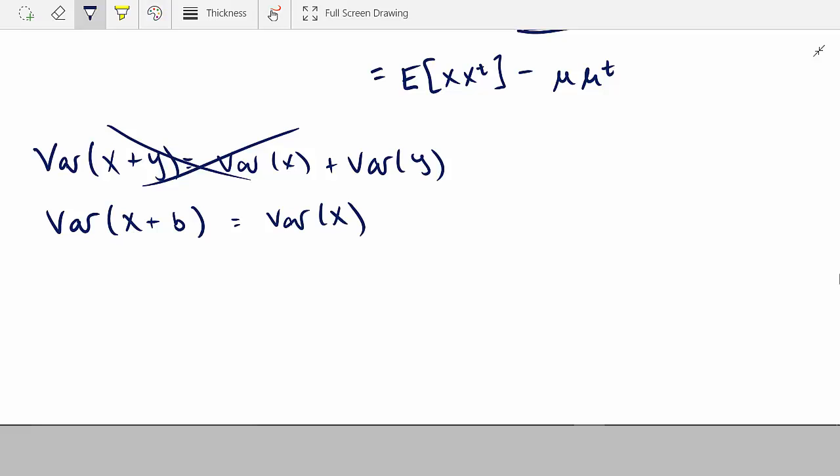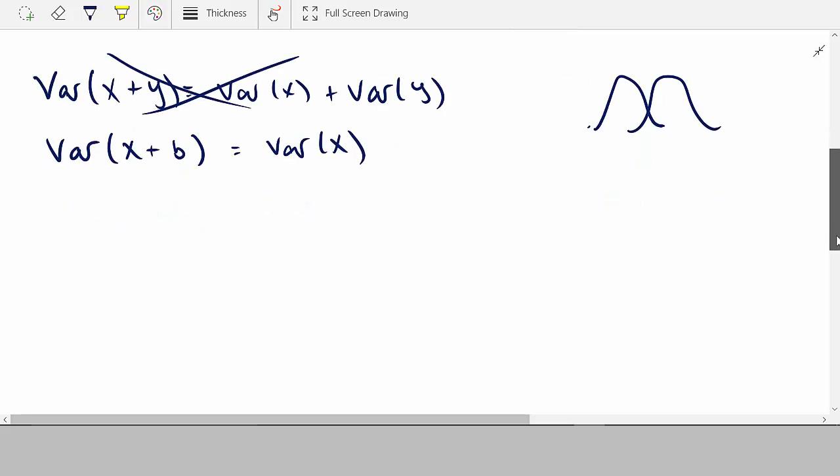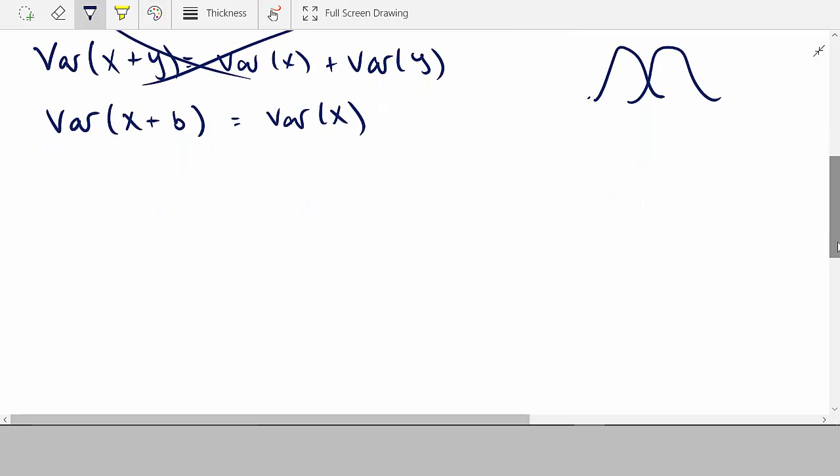Just like in univariate cases, of course, if the distribution of a random variable looks like this, it's going to have the same variance if we shift it over by a little bit. So the variance doesn't change if we shift. Another important property is the variance of a times x.